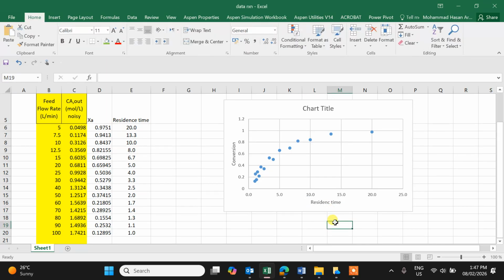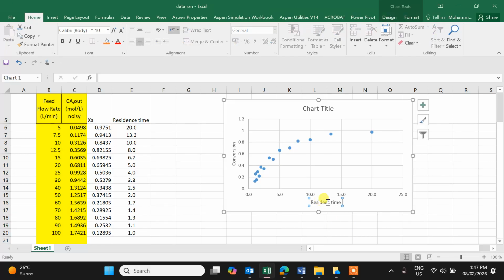Conversion is increasing with increase in residence time, which makes sense because as the reactant feed stays more in the reactor, it will convert more, right?